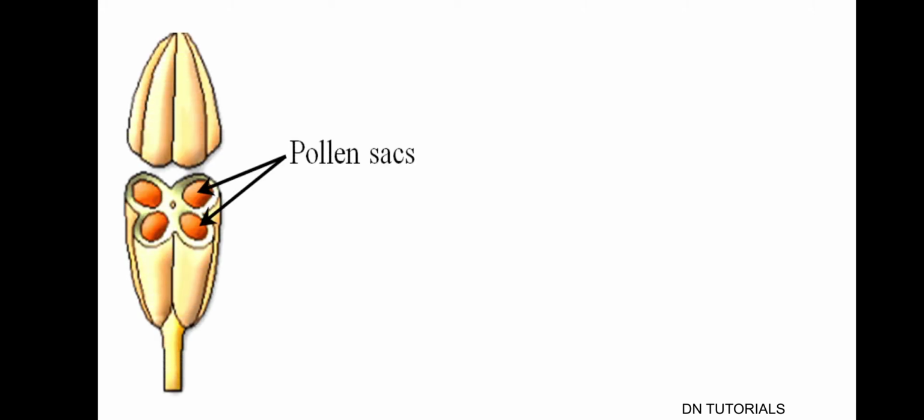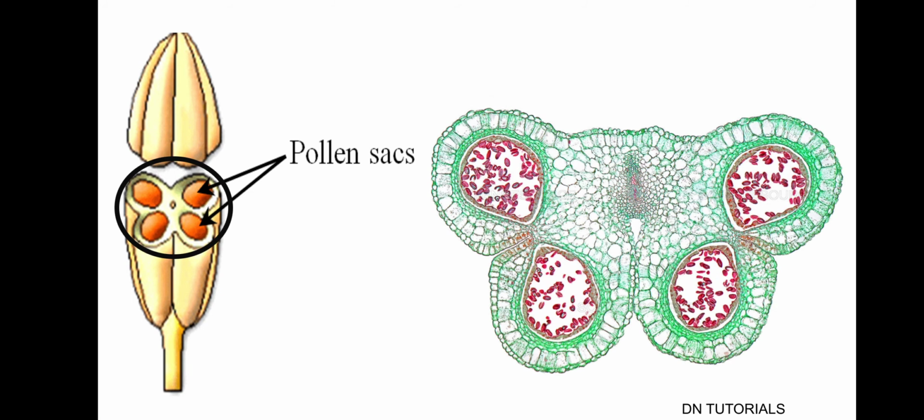Now if we consider the structure of the anther, if we magnify this part of the anther, what are we going to see? We will see four sac-like structures inside the anther. This sac-like structure, if we see inside the anther, has two lobes, lobe 1 and lobe 2. Lobe 1 is the first theca and lobe 2 is the second theca.